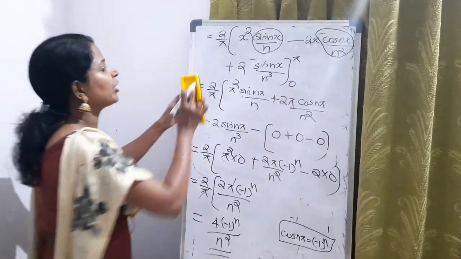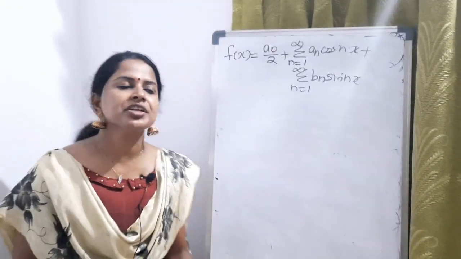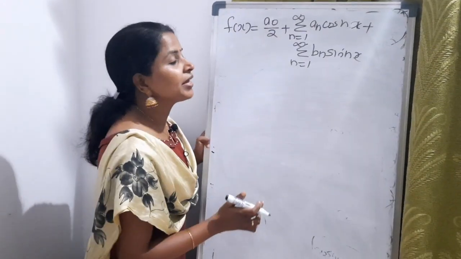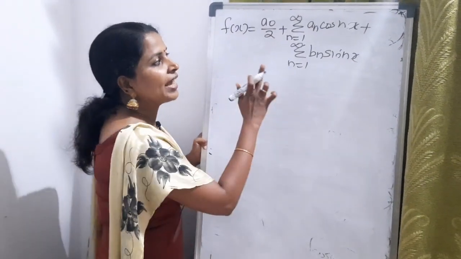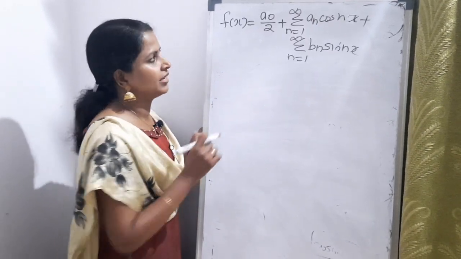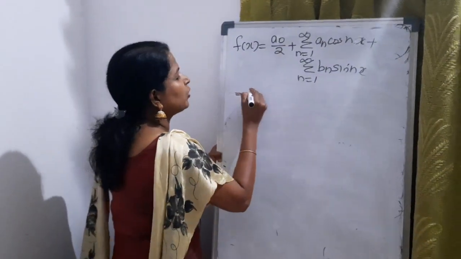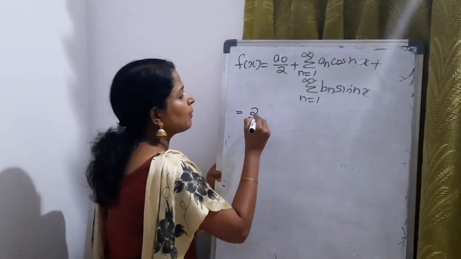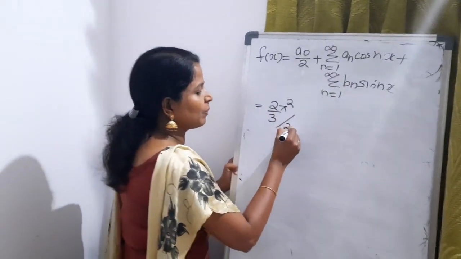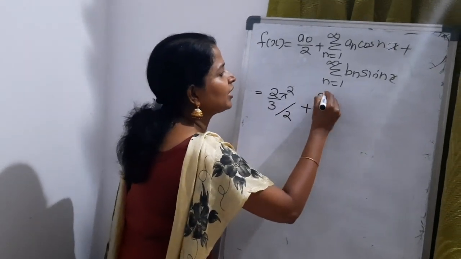Therefore, the Fourier series expansion is f of x equal to a0 by 2 plus sigma n equal to 1 to infinity an cos nx plus sigma n equal to 1 to infinity bn sin nx, where a0 is 2 by 3 pi square. a0 by 2 plus sigma n equal to 1 to infinity an.